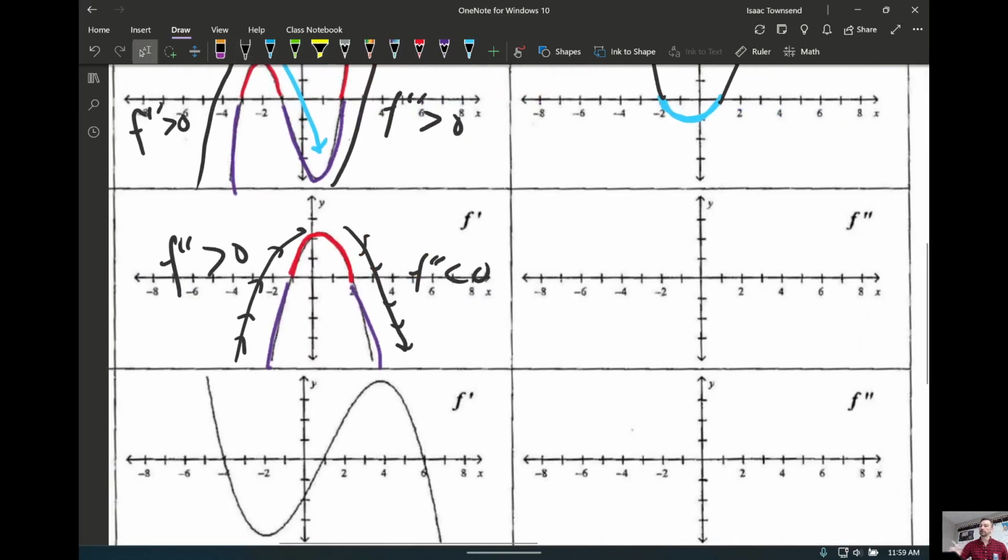Okay, let me give you another moment to make sure you have the second derivative done. If you're done with it though, you can go ahead and move on. I do want you to do the last 2 rows, and I will check those off individually.